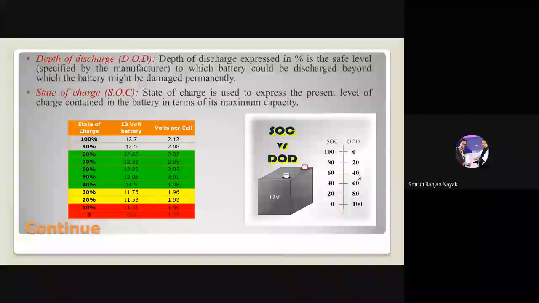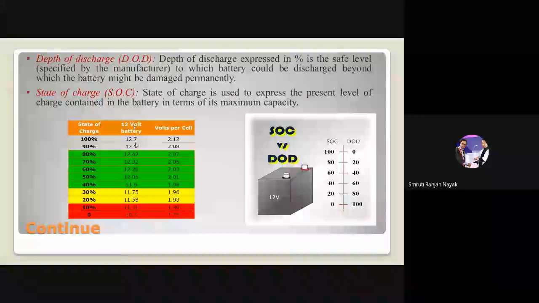So you can say that depth of discharge is 80%, and 20% power is there in the battery. That is known as the state of charge. That means at a particular point, how much charge is stored in the battery is known as the state of charge. So if the state of charge is 20%, then the depth of discharge is 80%. If the state of charge is 30%, then the depth of discharge is 70%. So here you can see, when state of charge is 100%, a 12 volt battery will show 12.6.